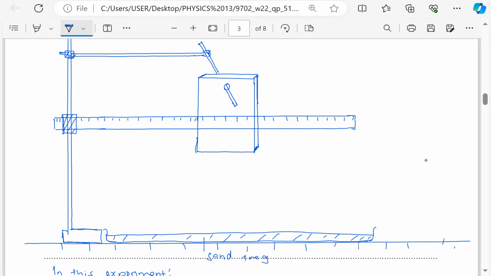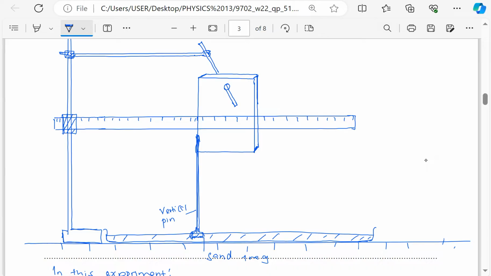So I'll put a pin in line with one end of the ruler. So this is going to be a pin, because I must measure S naught with a reference point.